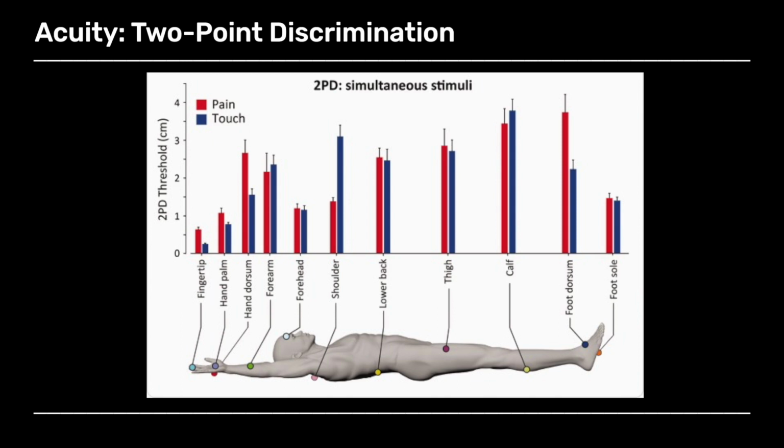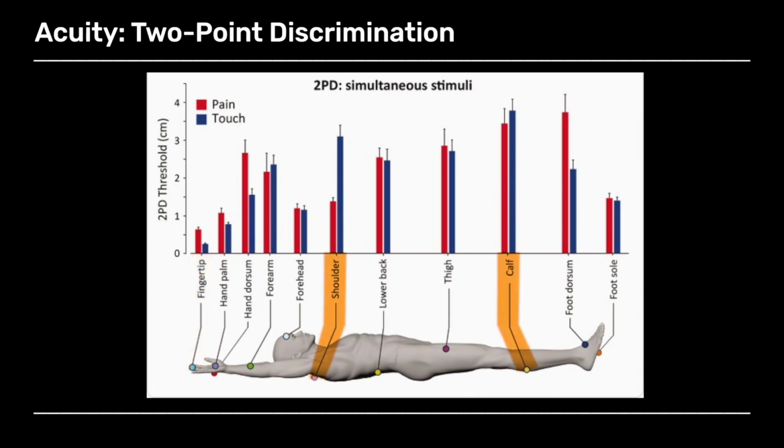And what this slide shows is the variation in that acuity for different parts of the body. So if you look at the blue columns, you can see that for the fingertips, the two-point discrimination is only 1 or 2 millimeters. The fingertips, as I'm sure you're aware, are probably the most sensitive part of your external skin, other than the tongue itself, which is also incredibly sensitive.